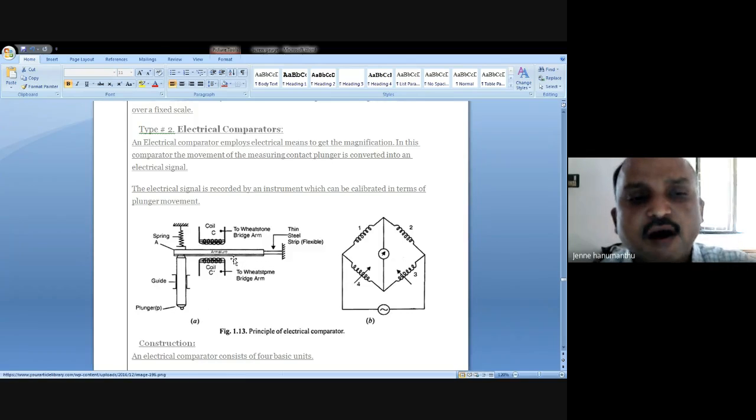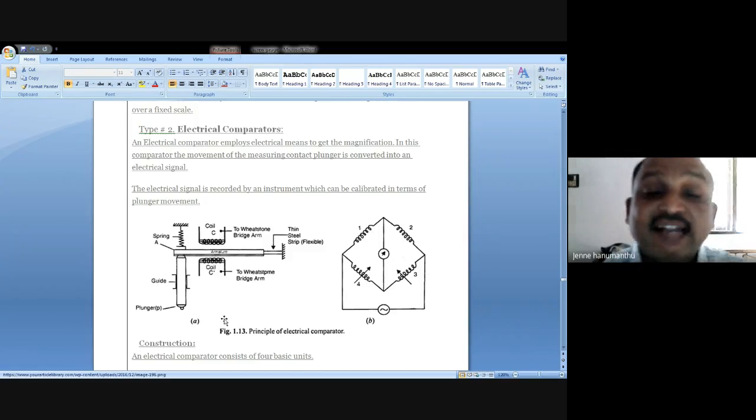When the armature moves between the coils, EMF is induced and the bridge is unbalanced. How much the bridge is unbalanced tells you the surface is not smooth. There is some problem with the surface. You can detect those dimensions with electrical concepts.